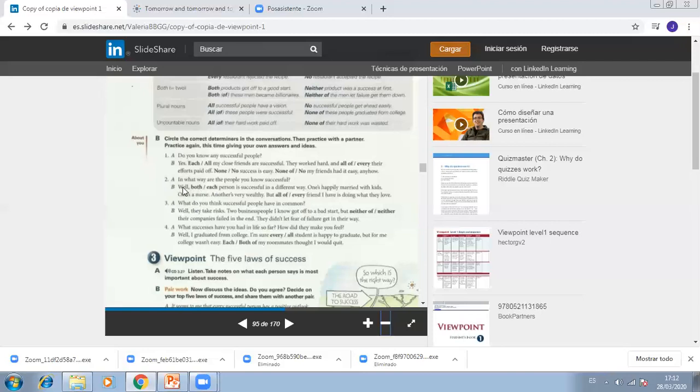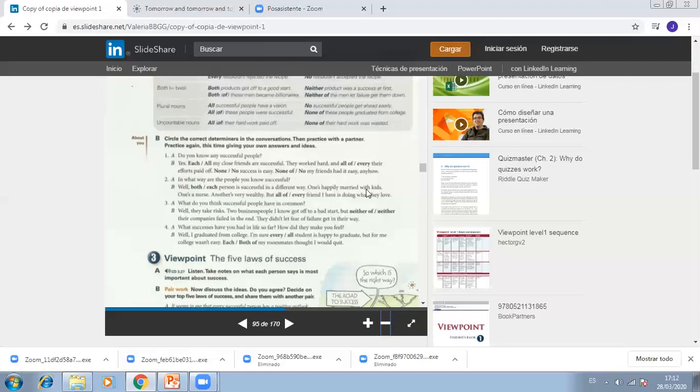So here we have both person or each person. In this case, the correct alternative is each, because we're referring to a singular noun, in this case, person. It's just one. Each person is successful in a different way.